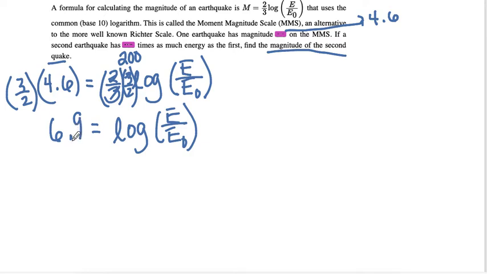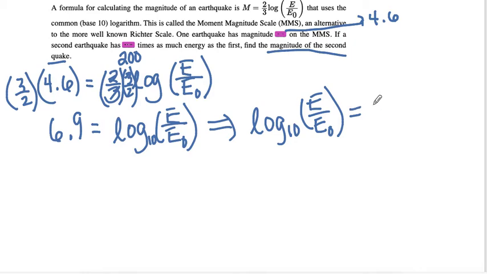Now I'm going to use the property of logs. I know this is log base 10, and I know the definition tells us that, and I'm just rewriting it with this on the other side of the equal sign, because that's the way most of you are probably used to seeing it.